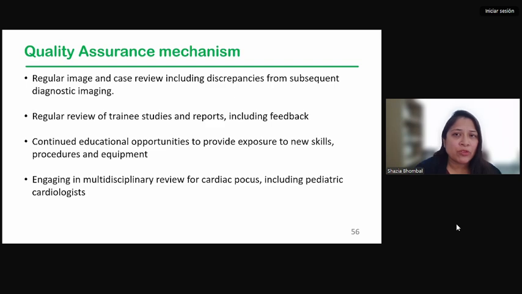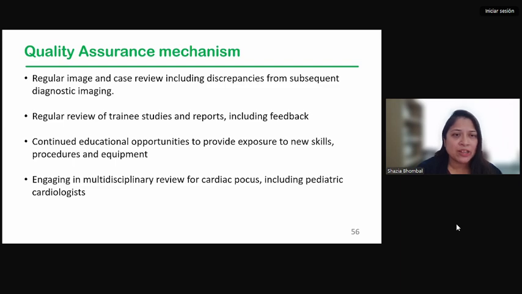It is important, of course, to have a quality assurance mechanism with regular image and case review. It is also helpful to involve our multidisciplinary colleagues, including cardiology, with regular review of trainees' studies and reports, and continued education opportunities, including simulation. There are some great cardiac simulators out there as well.